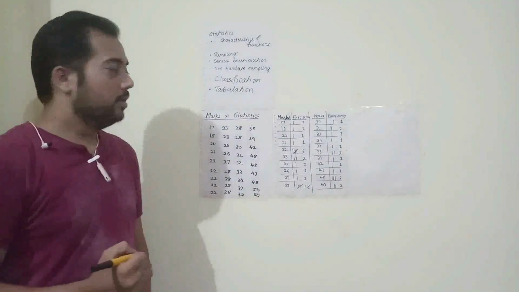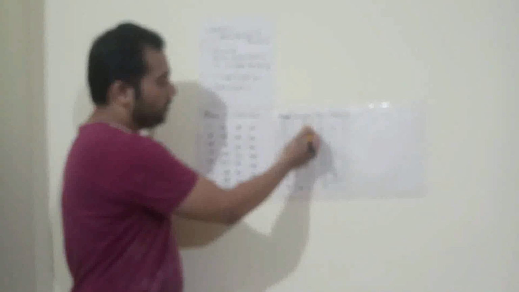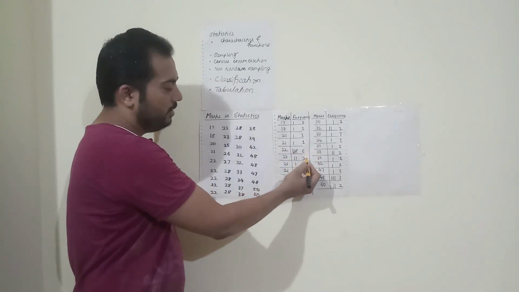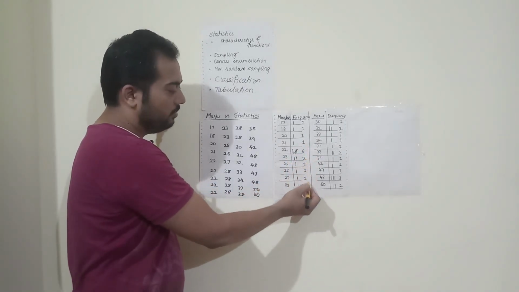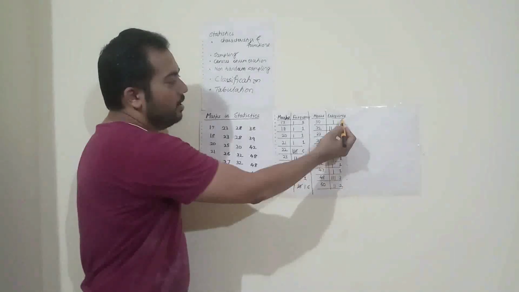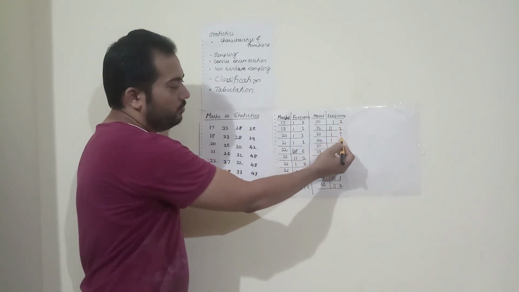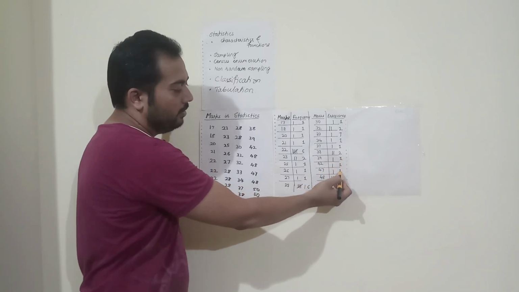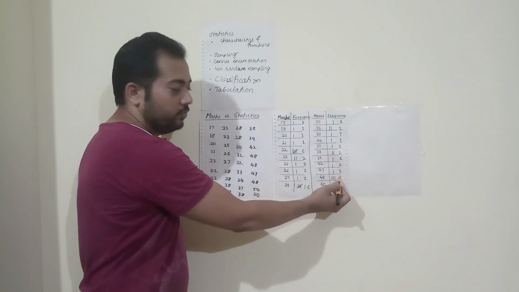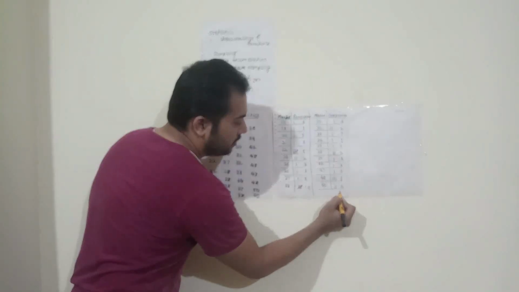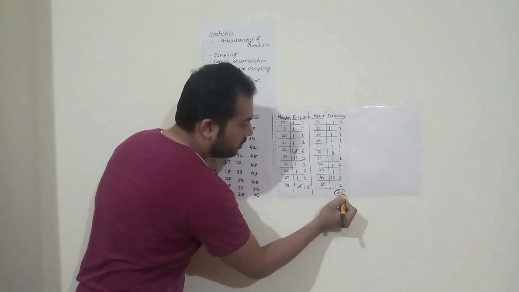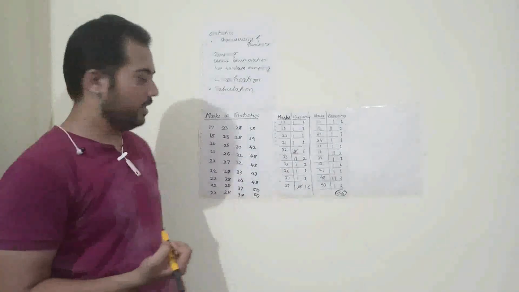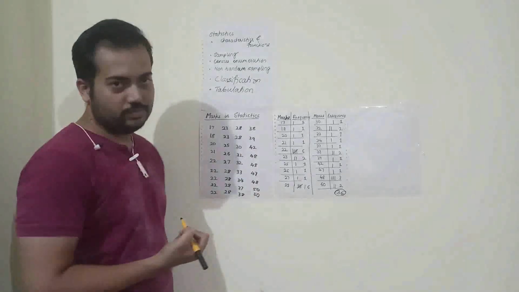Now the total makes 1, 2, 3, 4 plus 5, 9, 11, 12, 13, 14 plus 6, 20, 21, 22, up to 31 plus 3, 34 plus 2, 36. So 36 is your total frequency, and we have 36 entries.